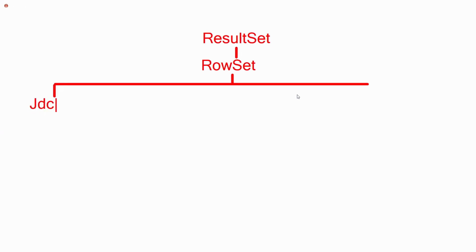From this, JdbcRowSet is derived. This is inherited in OracleJDBCRowSet. Here, CachedRowSet.